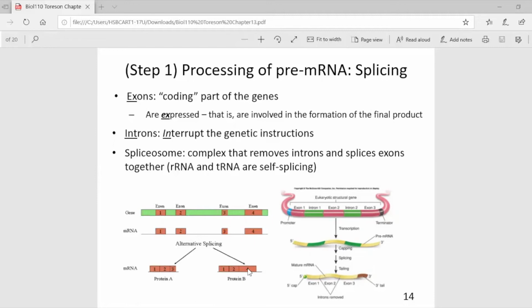And this RNA would have a set of instructions for a slightly different protein here labeled protein B. So alternative splicing enables one gene to encode for multiple proteins.